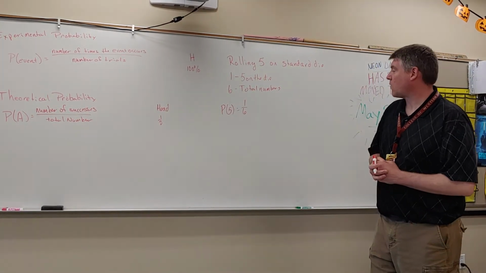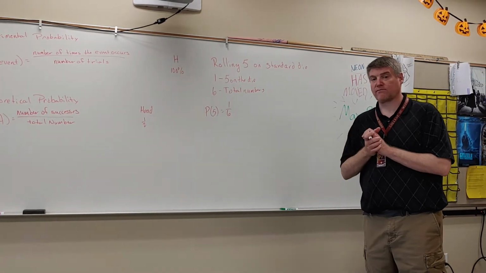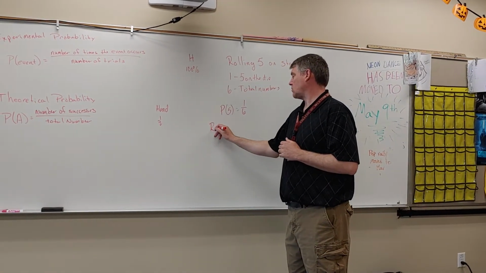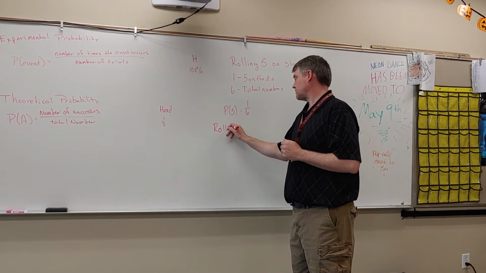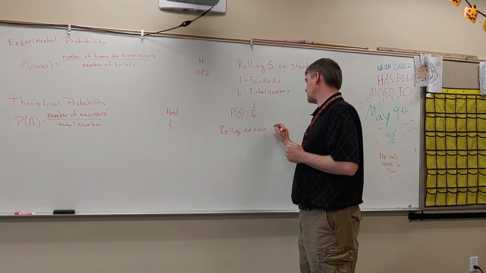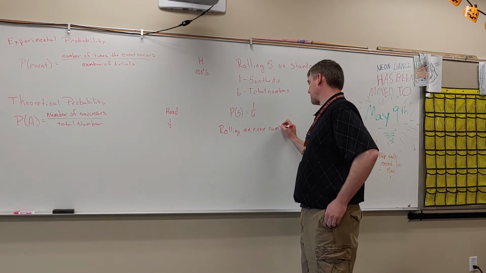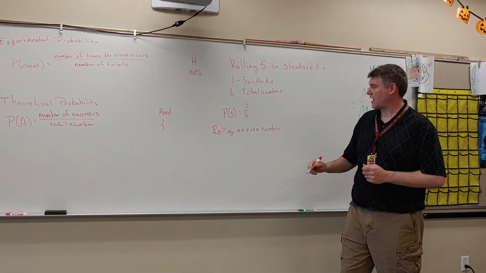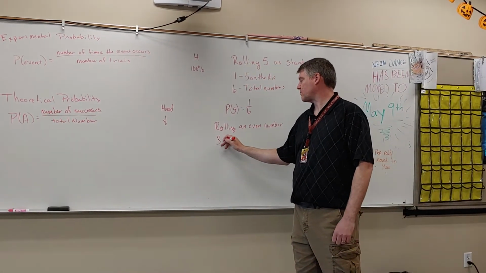Let's say I wanted to know the probability of rolling an even number. I would find out how many even numbers there are in a standard die. So there would be 3.